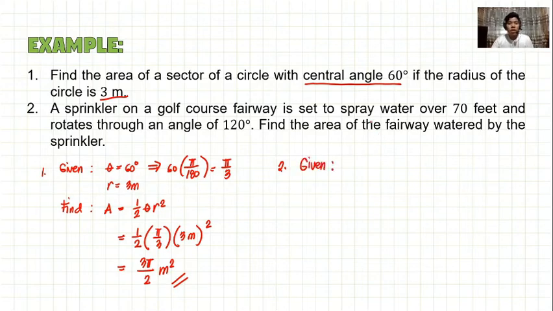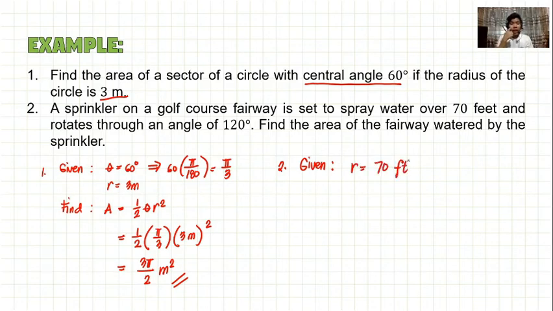First, the sprinkler sprays water over 70 feet. Therefore, the span of water that the sprinkler reaches is 70. And the sprinkler corresponds to the center of our circle. So from that, 70 feet is actually the radius of our circle. So r here is equal to 70 feet.